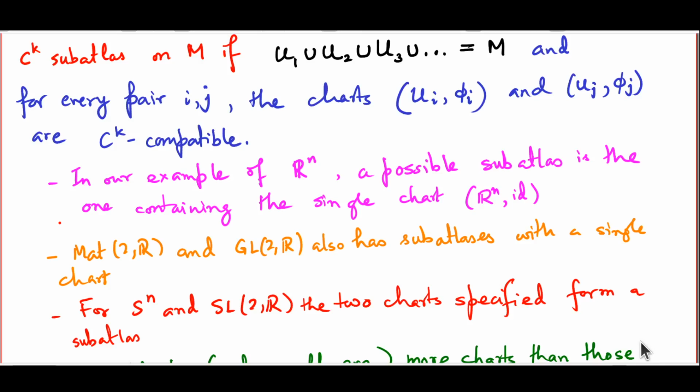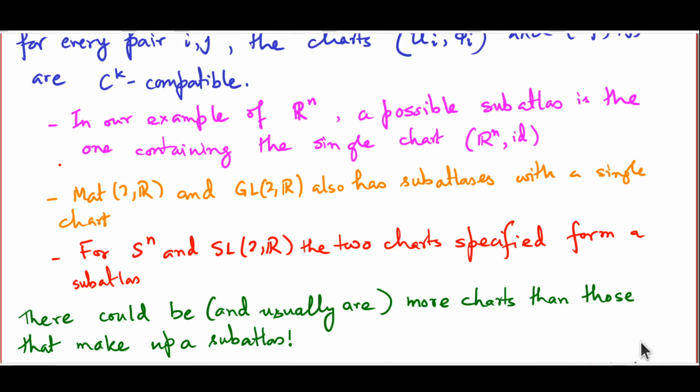So these two charts, because they are compatible with each other in both cases, together form a subatlas of these two sets. Now there of course could be, and usually are, more charts than that that make up a subatlas. Once you have a subatlas, you have enough material in your hands to cover the entire set, and therefore you are in a position to talk about differentiability of any function all over the set.